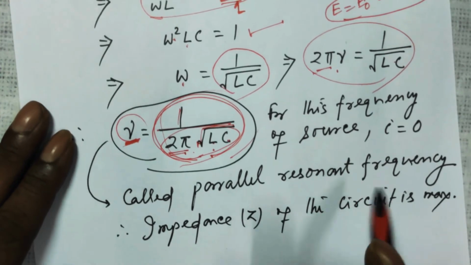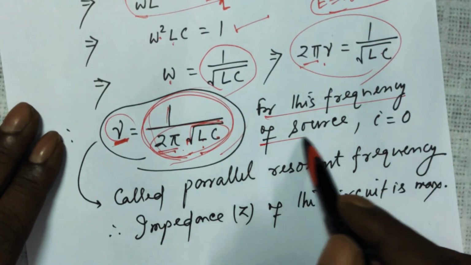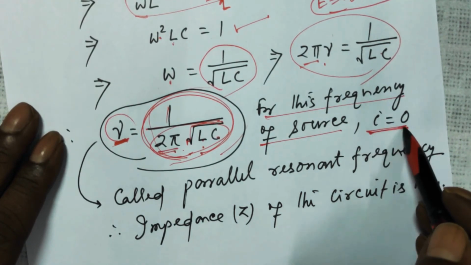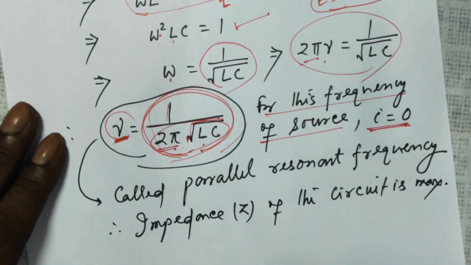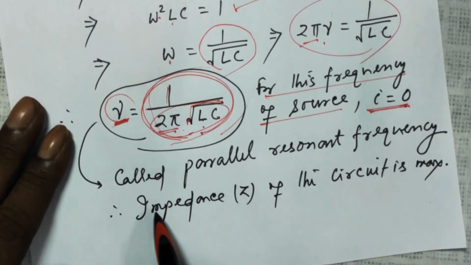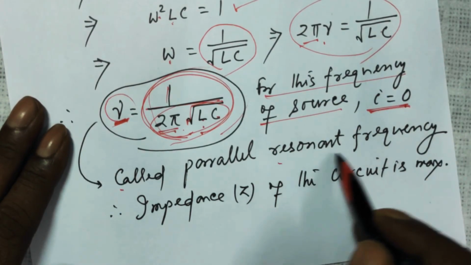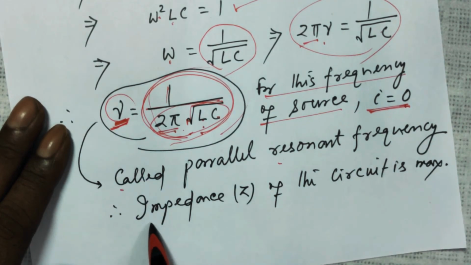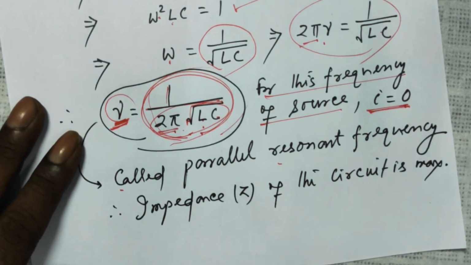So for this frequency of source, the main current from the source is 0, means it does not draw any main current. This is called the parallel resonant frequency. And so it is not drawing any current.